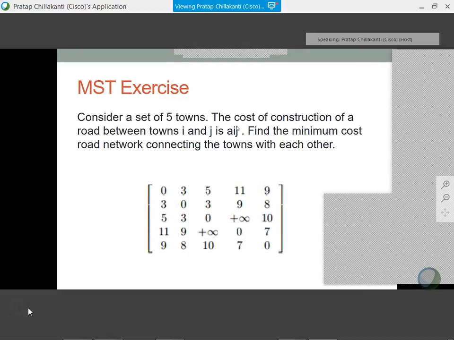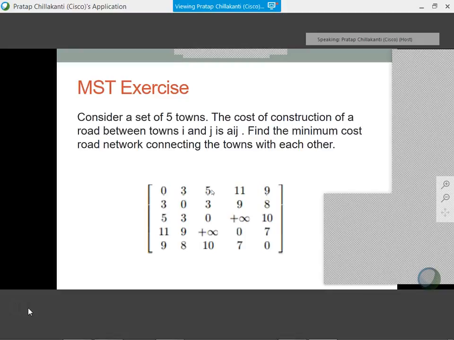So the cost of construction of a road between towns i and j is Aij. ij is the subscript. I didn't have time to format it. So here are 5 towns, right? You can call them A, B, C, D, E. So if you see A11, obviously it will be 0 because you are in the same town, right? If you go A to B, the distance is 3.